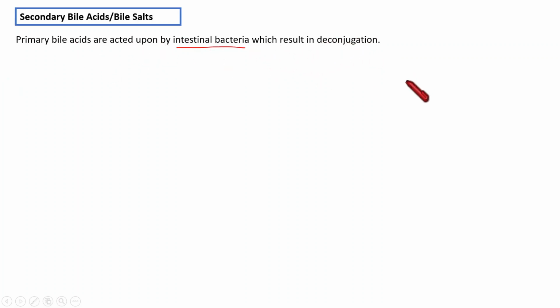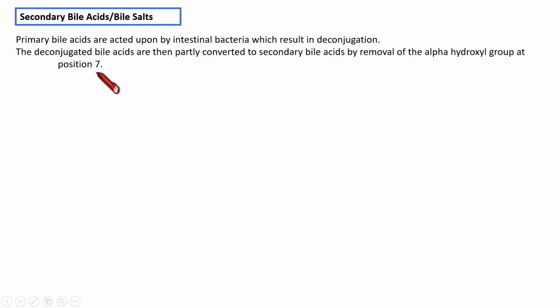They remove the amino acid, that is, the conjugation. So deconjugation takes place inside the intestine, done by the intestinal bacteria. After the deconjugation, one more thing happens to the primary bile acid to make it a secondary bile acid.